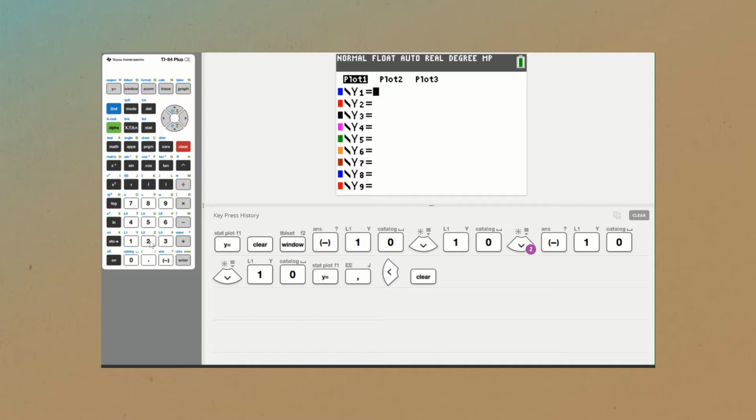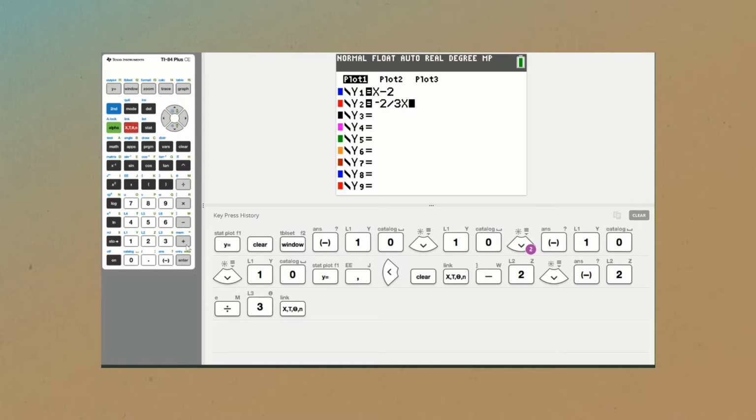Let's see, what was it, x minus 2. And then the second equation was negative, make sure I hit the negative button, not the subtraction, 2/3 x plus 3. All right, let's go look at the graph of this thing.